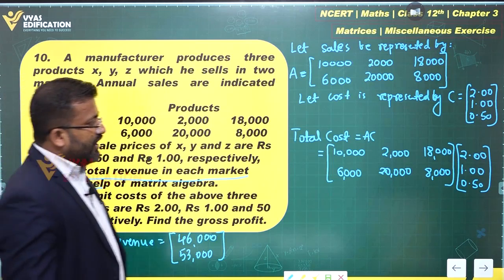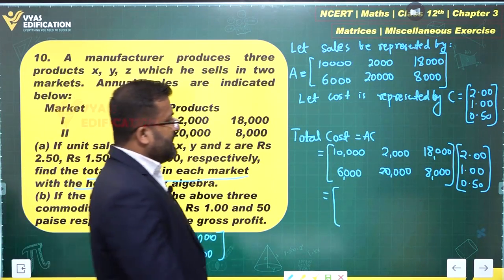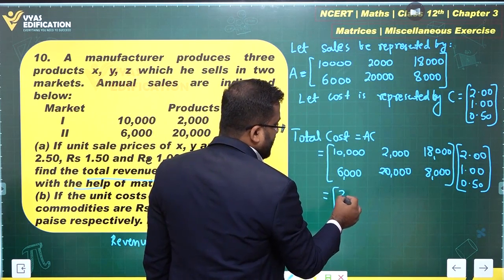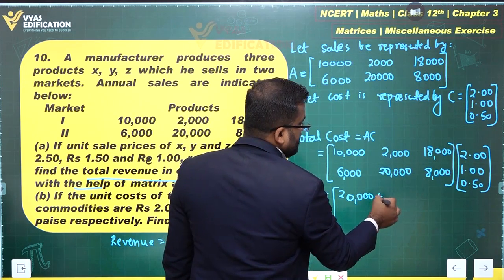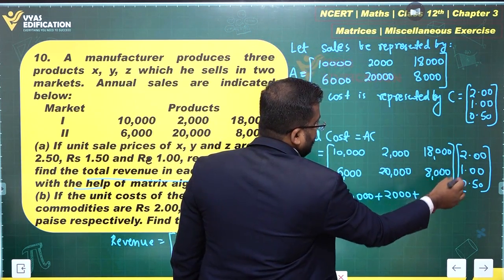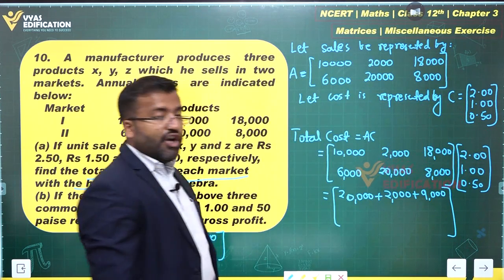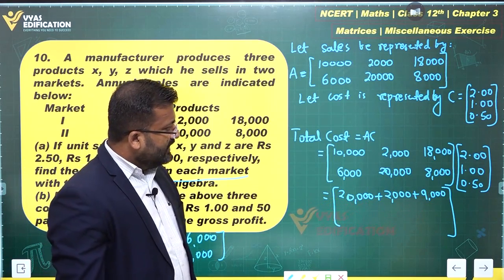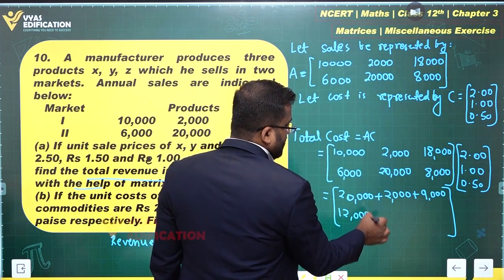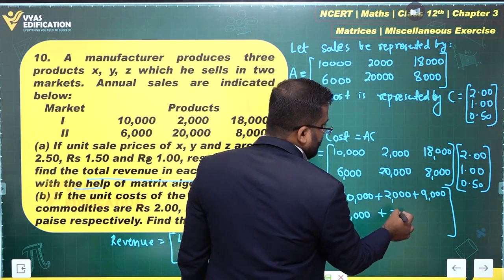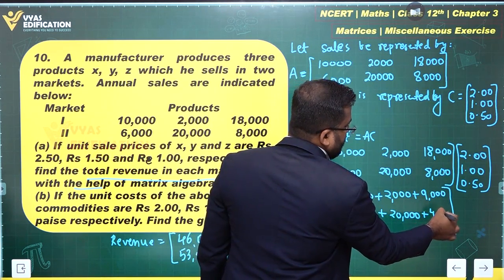And the total cost can be found easily by multiplying these two matrices together. What you have is 10,000 times 2 is 20,000. 2,000 times 1 is 2,000, plus 18,000 times 0.5 is 9,000. The second row will give us the cost for the second market. What is that? 6,000 times 2 is 12,000, plus 20,000 times 1 is 20,000, plus 8,000 times 0.5 is 4,000.